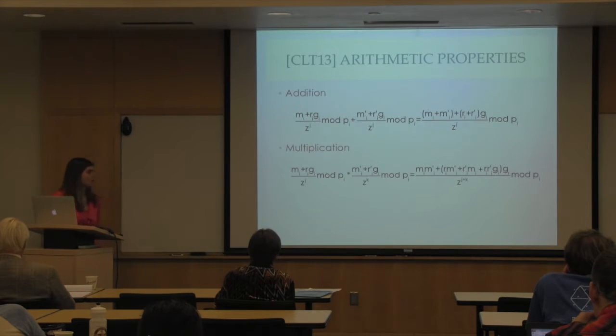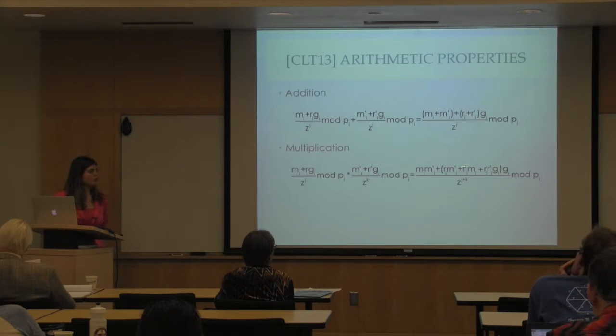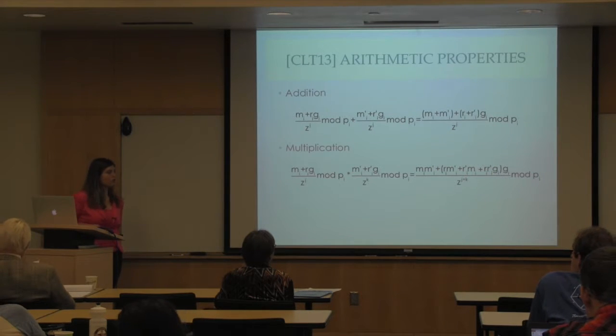Similarly, we can multiply. So now we no longer need the two encodings to be at the same level. We are just moving to a higher level for the resulting encoding. And again, this time the random noise for our encoding grows a little bit more.